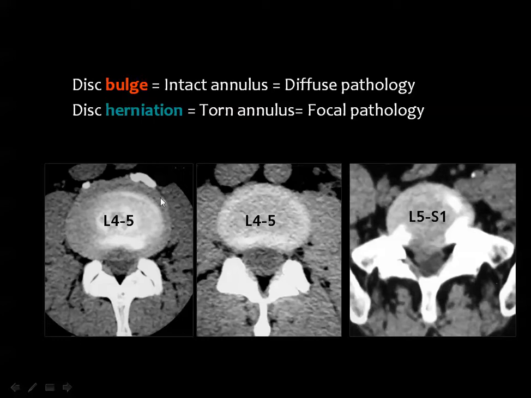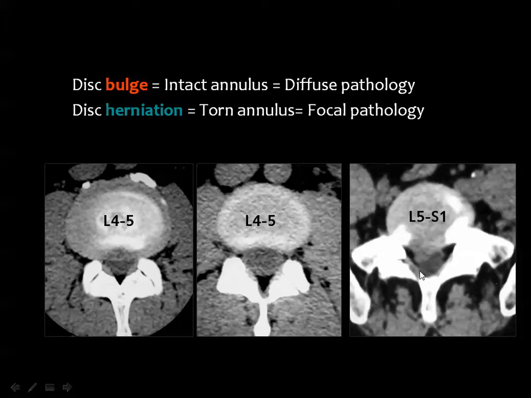Diffuse meaning that there is bulging all around the edge of the disc itself. But you know that the anterior edge of the disc is not of importance. What is important for us is the posterior edge of the disc. If you see that the posterior edge of the disc is uniformly bulging from left to right, you call this disc bulge.